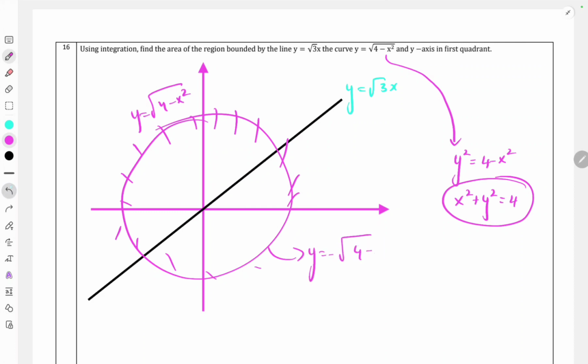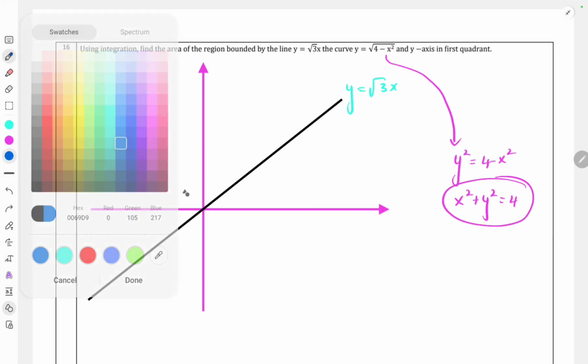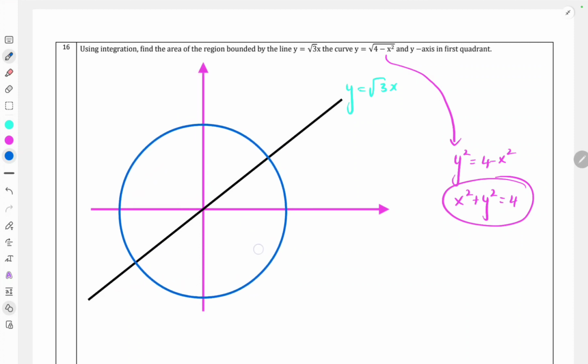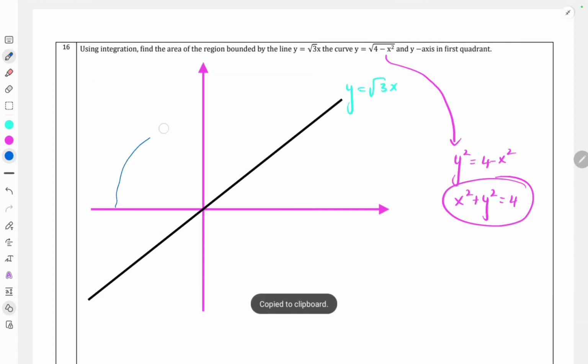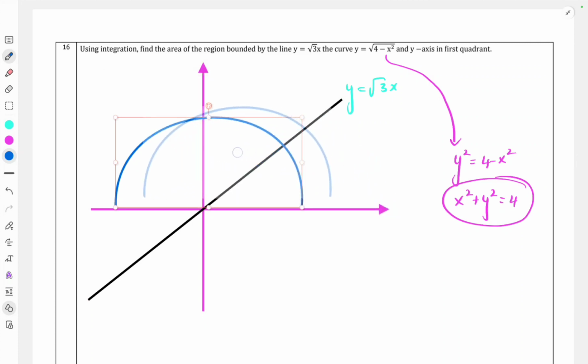So we just have to draw the semicircle here, not the entire circle, because we have y equal to root of 4 minus x square. So we just draw the semicircle like this. So this will be y equal to root of 4 minus x square.